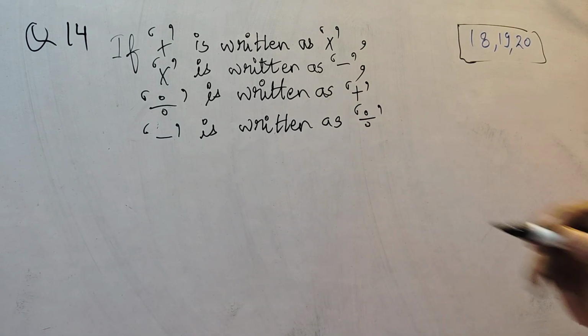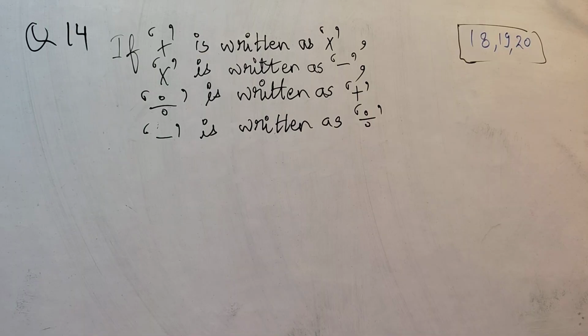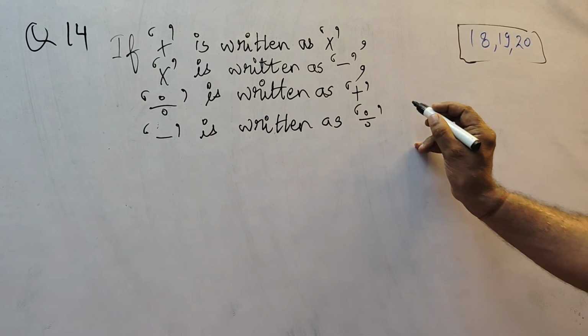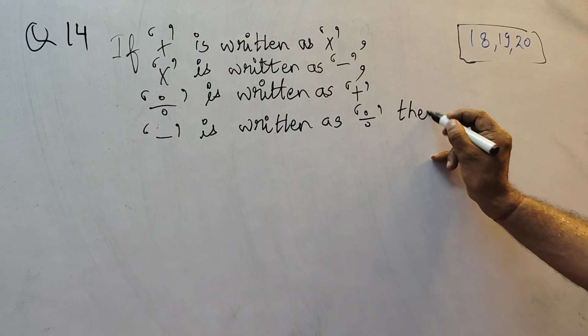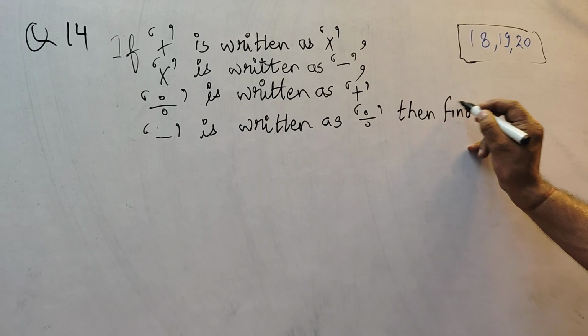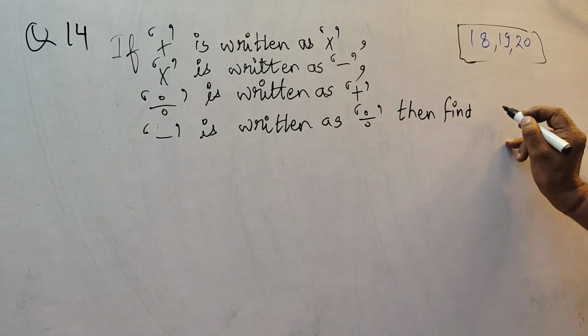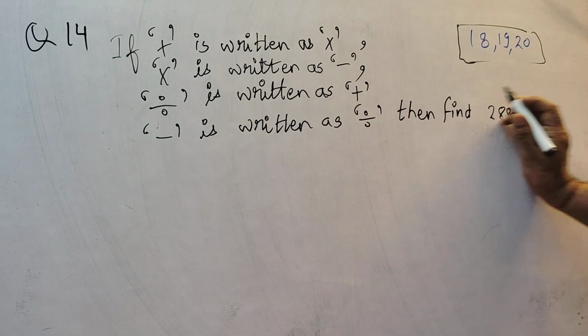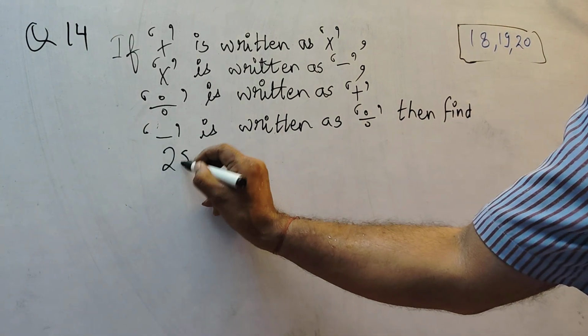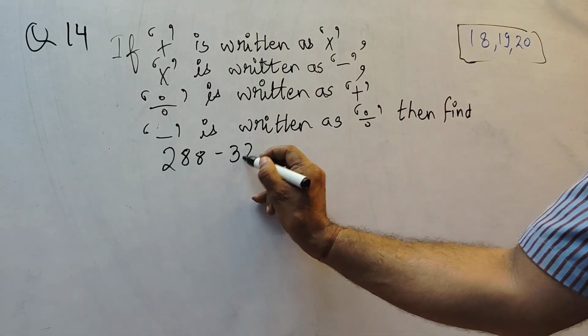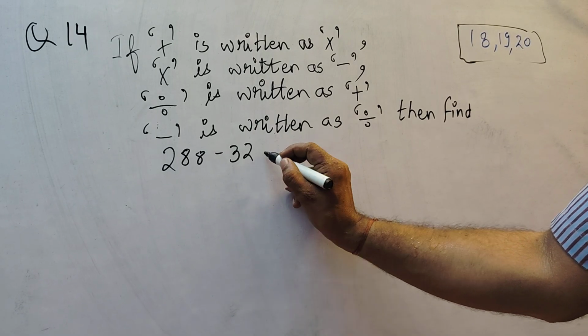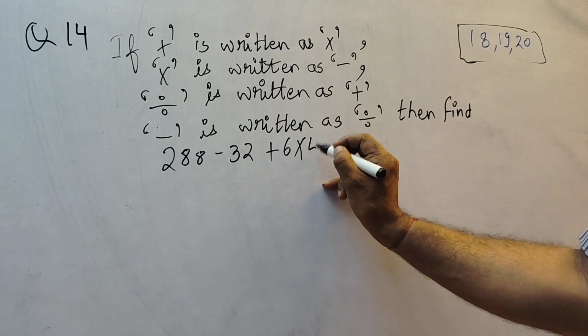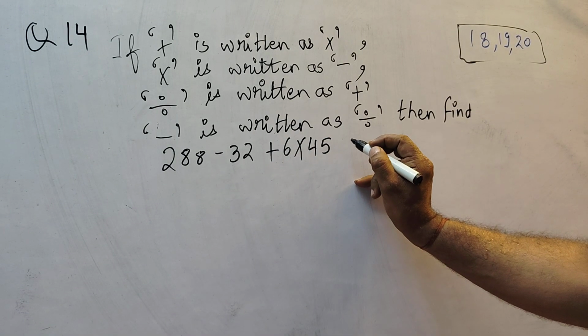So this is the change in the signs. Then find the value of 288 minus 32 plus 6 multiply 45 divide 9.